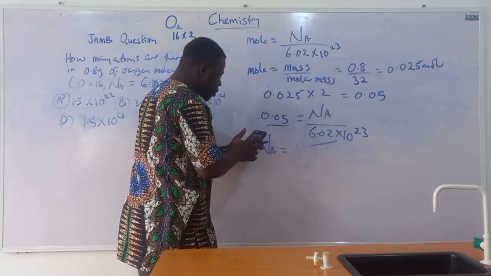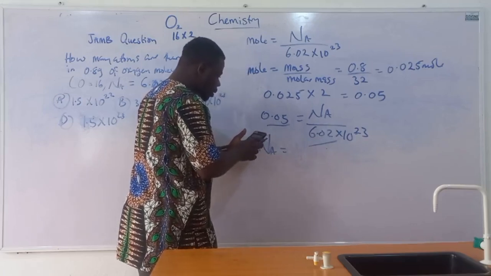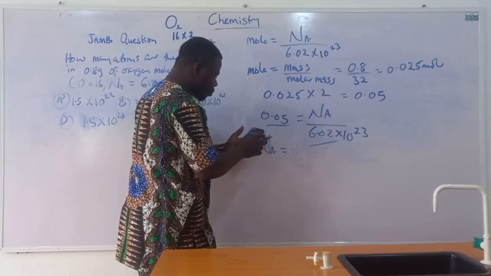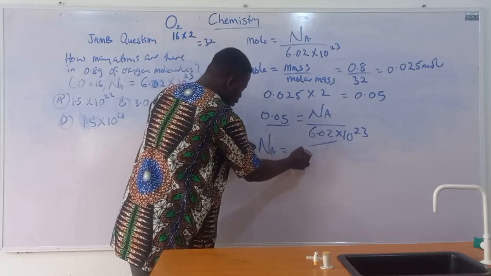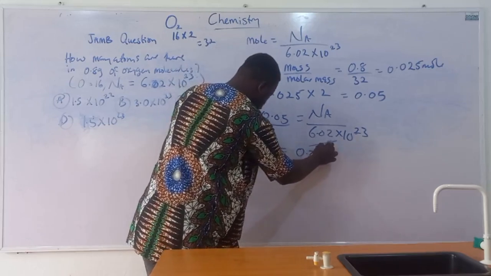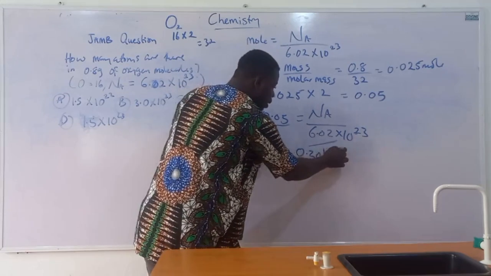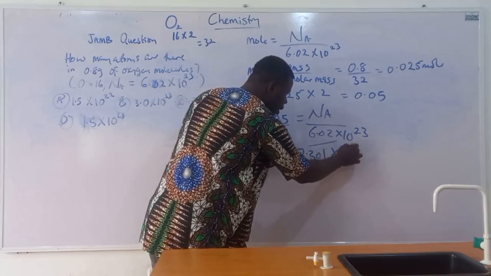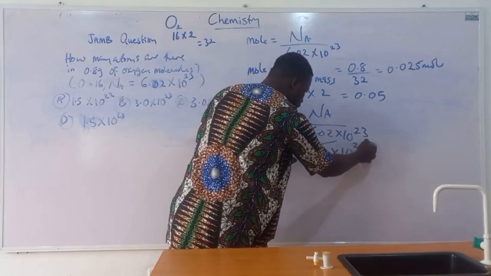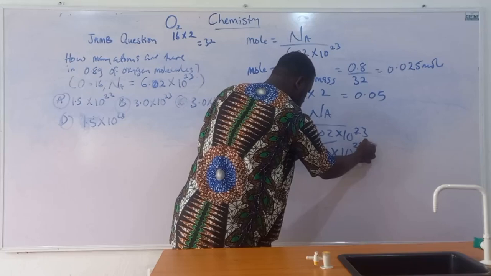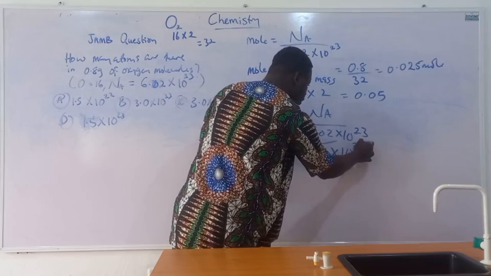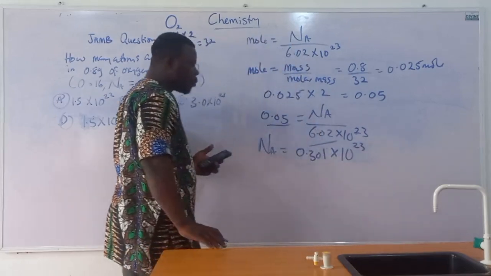So we have 0.05 times 6.02. So this now becomes 0.301 times 10, just bring this one down, all over 10 raised to power 23.